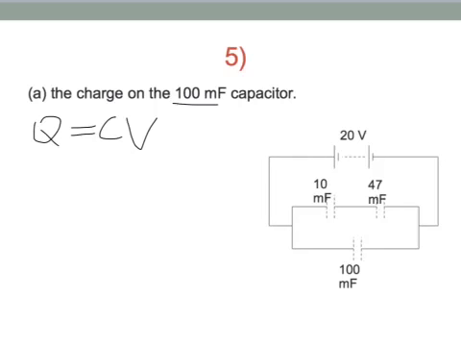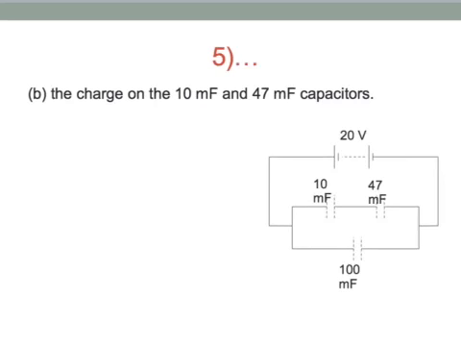We can see that that 20 volts is across that junction and that junction, which of course puts it directly across the 100 millifarad capacitor. So 20 volts is correct. We multiply 20 volts by 100 millifarads and we should get 2.0 coulombs. 2.0 coulombs across that.